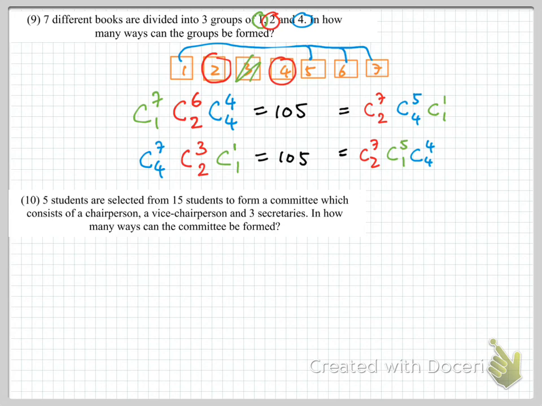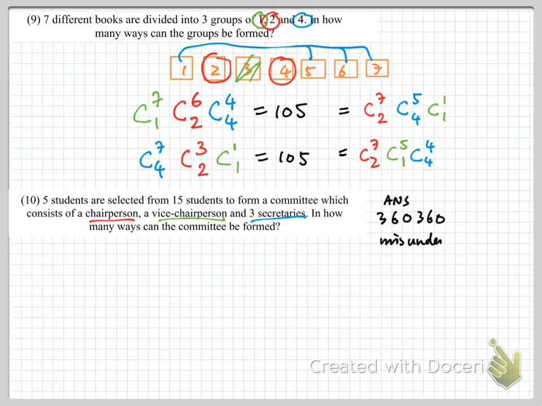Question 10 says that there are 5 students selected from 15 to form a committee with a chairperson, a vice chairperson, and 3 secretaries. Now, perhaps some of us misunderstood the question. If you have the answer like 360, then you misunderstood the question.